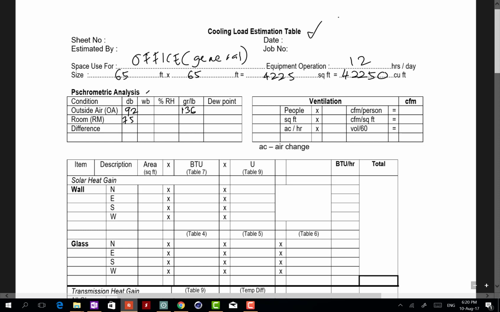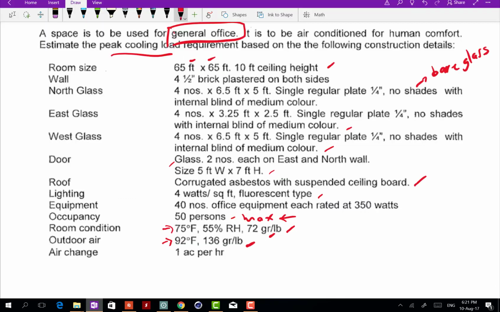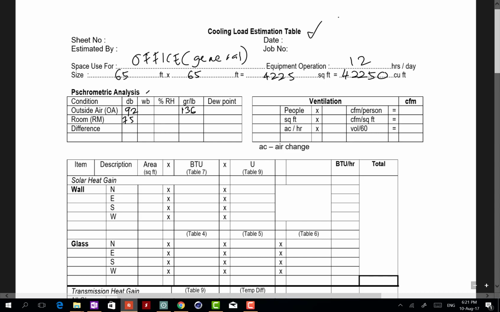We want to reduce it into 72 grain per pound. So the difference of temperature is 17, and the difference of specific humidity is 64. This is the only important, temperature and also specific humidity. The relative humidity basically is not so important. The important one is only specific humidity.